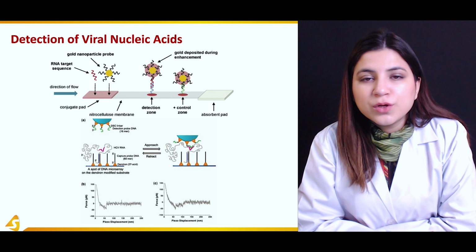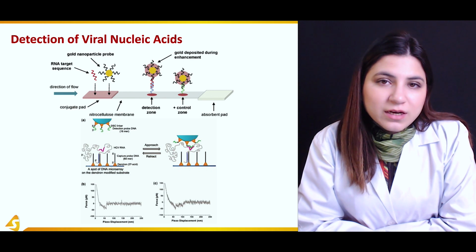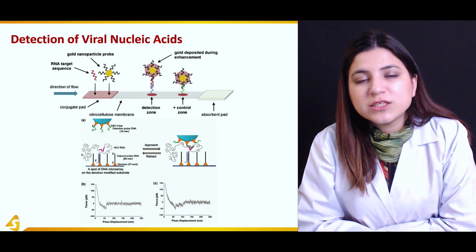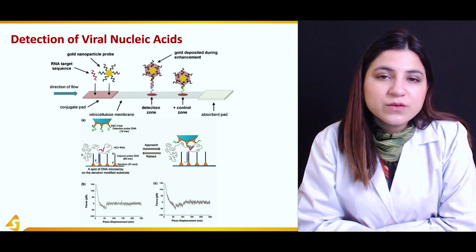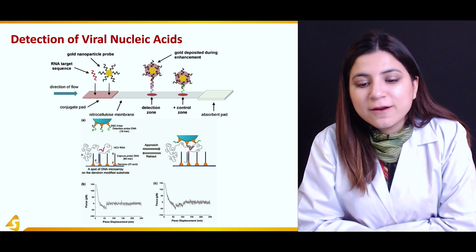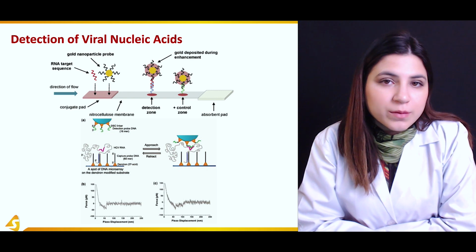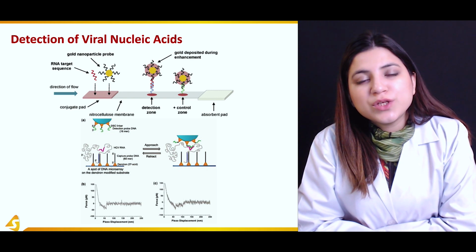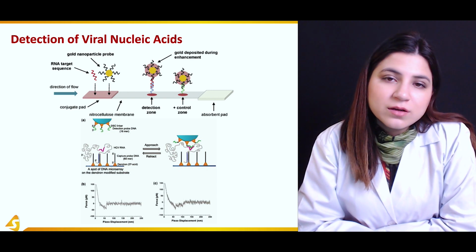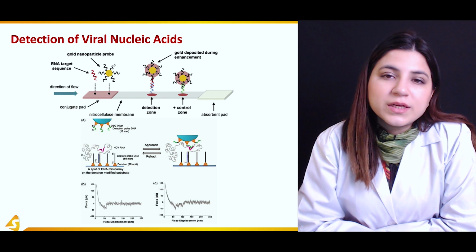So it is important to have a complementary sequence against a known virus, and only then can we identify the viral nucleic acid. This is also important because this increases the specificity. We know the virus sequence, we are forming a complementary sequence against that particular virus sequence, and thus, since it's really complementary, it's not going to bind to the nucleic acids that are present inside the patient, or the patient's nucleic acid, or any other nucleic acid which is present because of any other infection that occurred inside the patient.